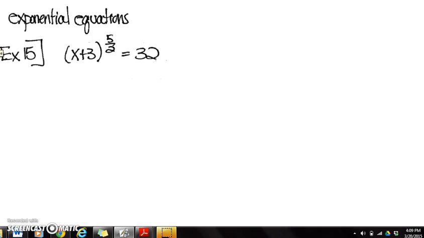All right, same thing. We are going to raise this to the 2/5 power. What you do to one side, you have to do to the other side. That's going to give us just x plus 3 equals the 5th root of 32 squared.